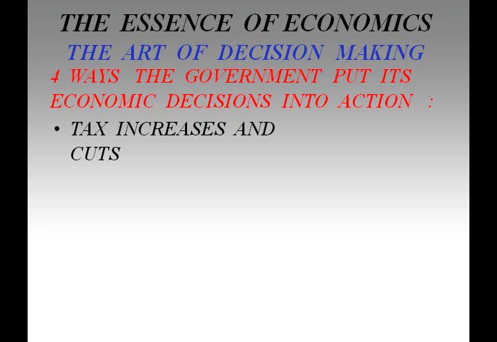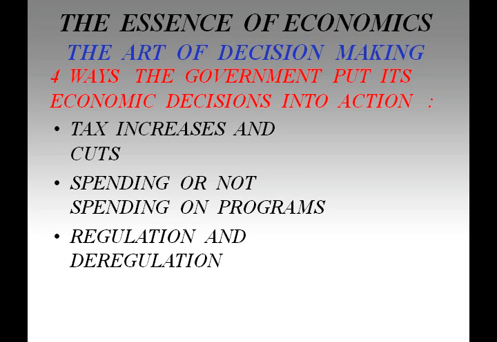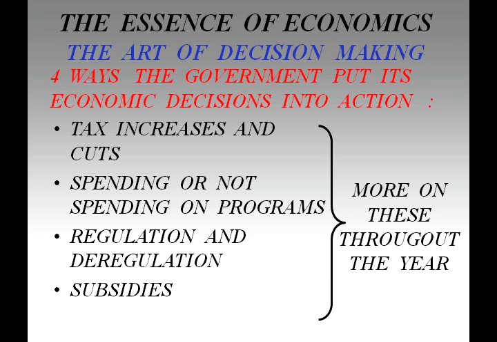First, through tax increases or tax cuts. Second, through spending or not spending on specific programs. Third, on regulating or deregulating businesses and industries. And fourth, through the provision of subsidies.